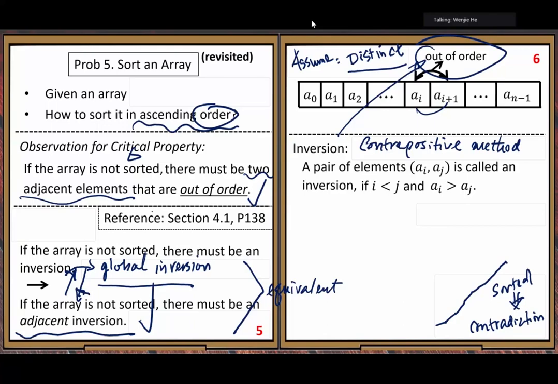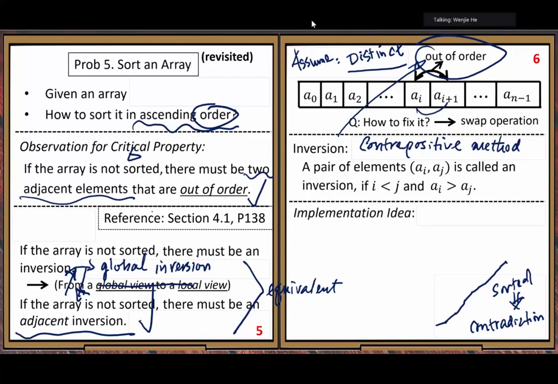Now we are ready to do the implementation. Implementation idea, our last step for this algorithm: remove all the local inversions by local swaps.